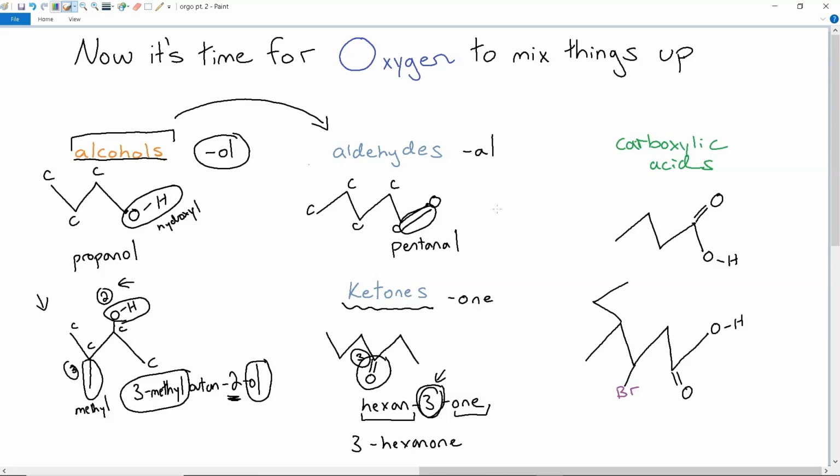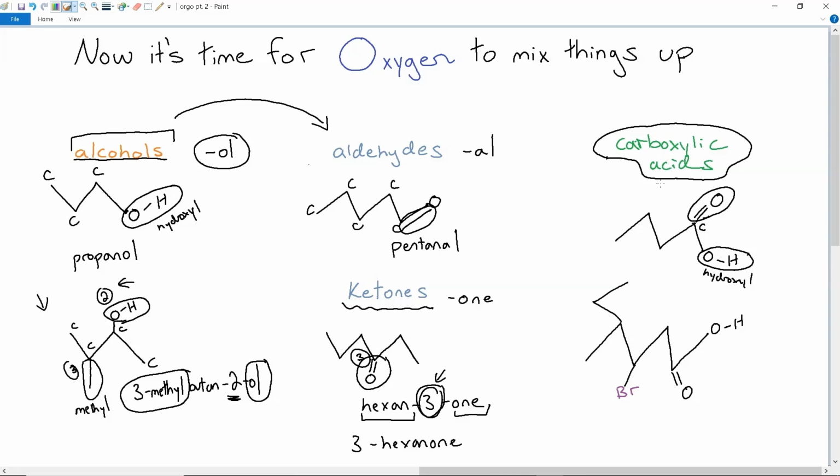Okay, we've done alcohols, we've done aldehydes, we've done ketones. What about these nasty looking things? Carboxylic acids. So a carboxylic acid is kind of like if we put together an alcohol and an aldehyde. We can see here that we have the hydroxyl group from alcohol, but then attached to the same carbon, we also have a double bonded oxygen.